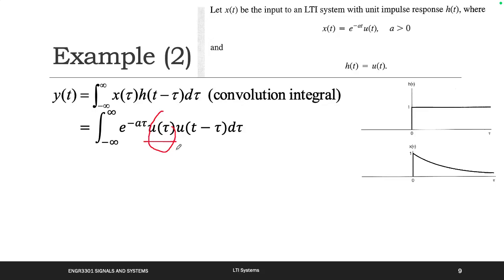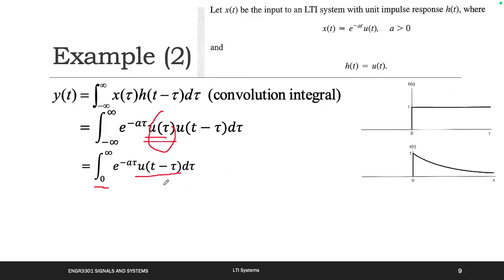If tau is greater than or equal to 0, this term will be 1, so it can be removed and we get this equation. Because if tau is greater than or equal to 0, this one is 1, so we just remove it, and otherwise it will be 0. We don't need to write it down here.